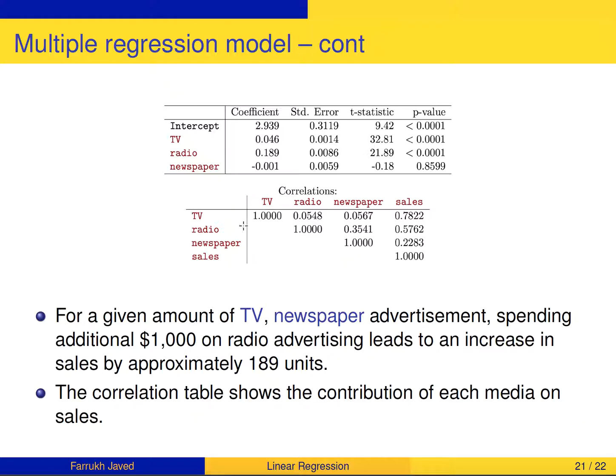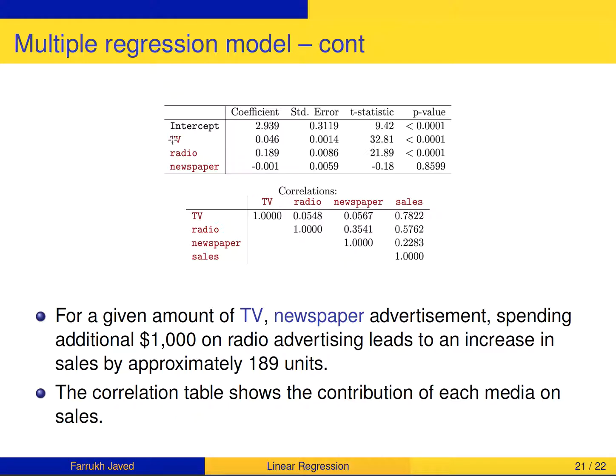Here is a correlation. It says how those variables are associated with one another, right? So for a given amount of TV and newspaper advertisement, spending an additional 1000 on radio advertisement leads to an increase in sales by approximately 189 units. If you want to read the individual values of each variable, just fix the other variables, so to say.